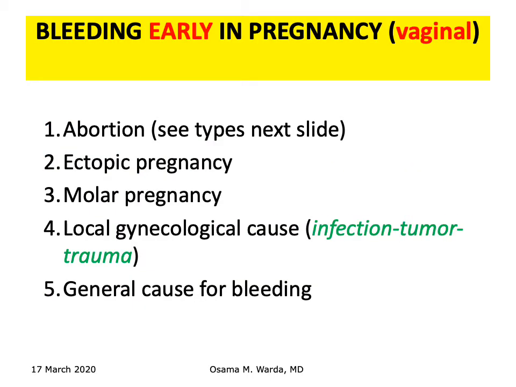The second complaint is bleeding early in pregnancy. The differential diagnosis of such a case may include abortion with its different clinical types, which I will discuss in the next slide, ectopic pregnancy, molar pregnancy, local gynecologic causes such as infection, tumor, or trauma, and general causes of bleeding, abnormal coagulation profiles, and platelet dysfunction may cause bleeding in early pregnancy.